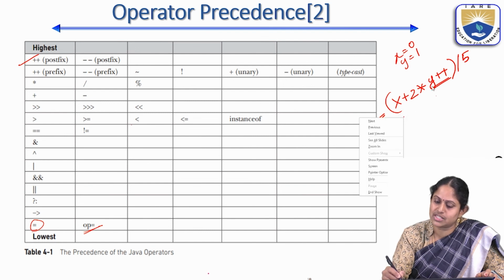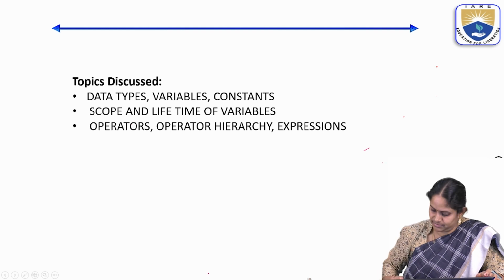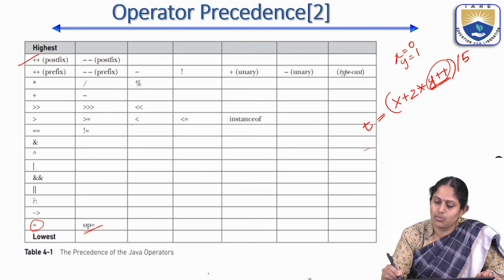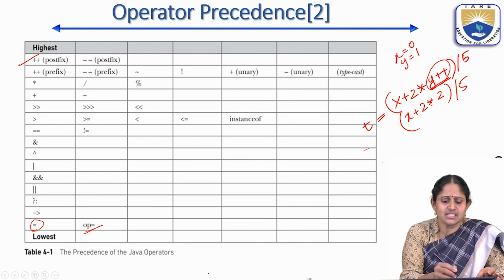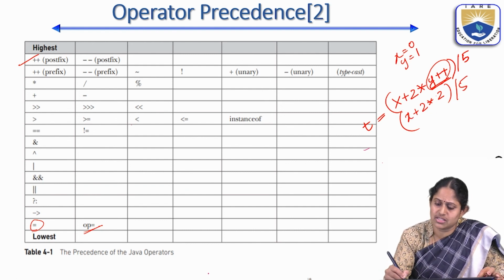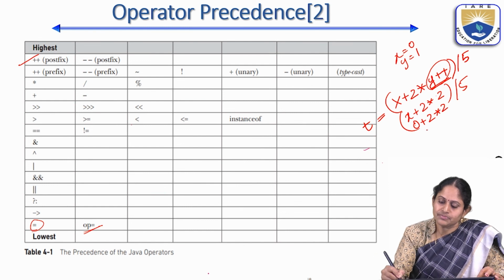First we execute the postfix notation. y was 1, so y will be 2 now after y++. So we get x + 2 * 2 / 5. Next, the x value was 0, so that can also be substituted. So we get 0 + 2 * 2 / 5.